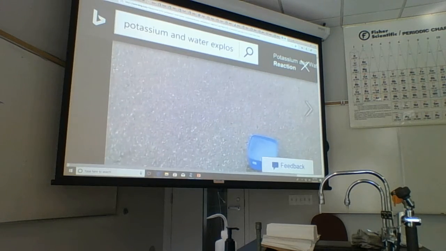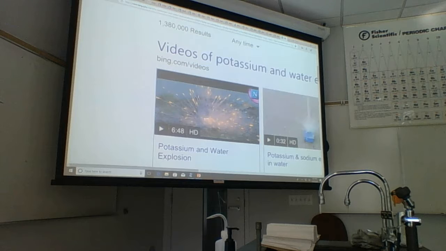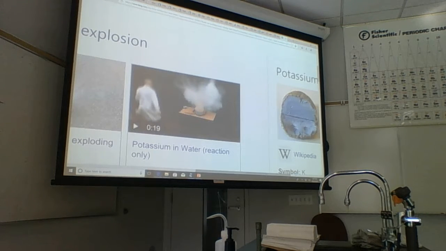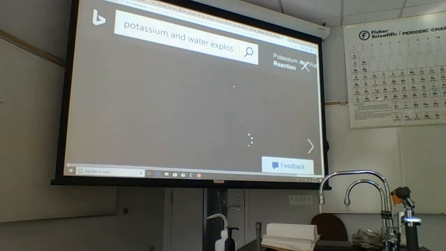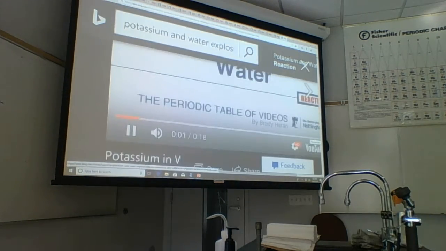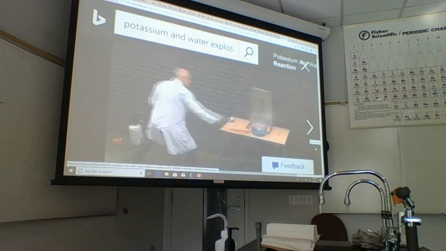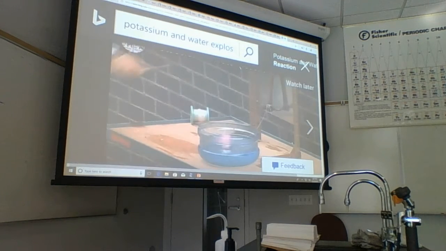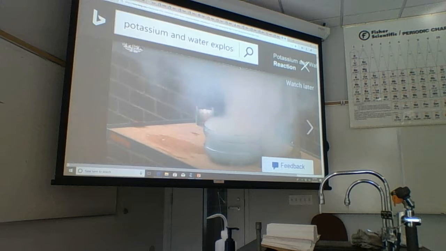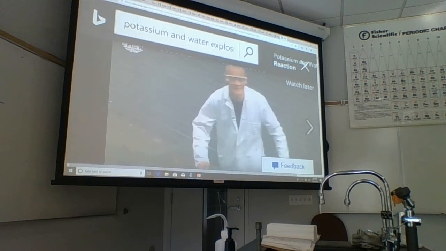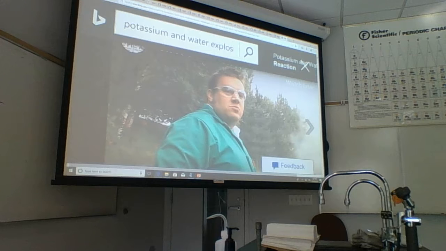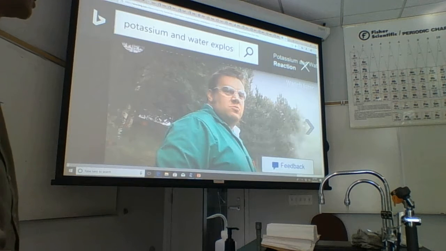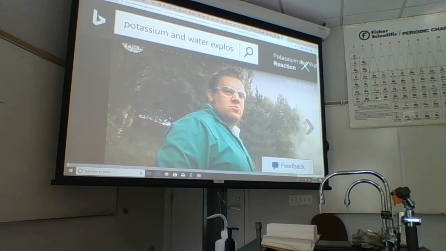That's the larger piece of potassium. Very satisfying reaction. The sodium's not, well, it depends on how big the piece is and how much heat's generated and how quick it happens. Very satisfying reaction.